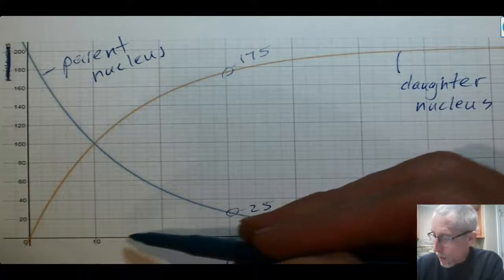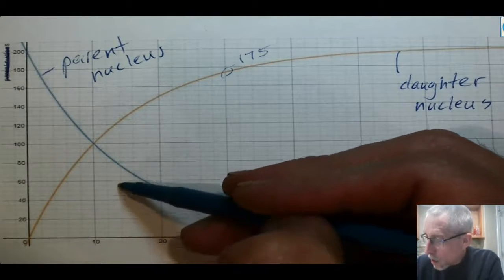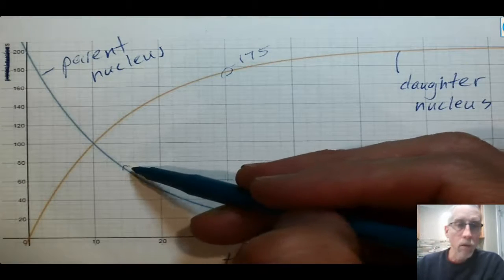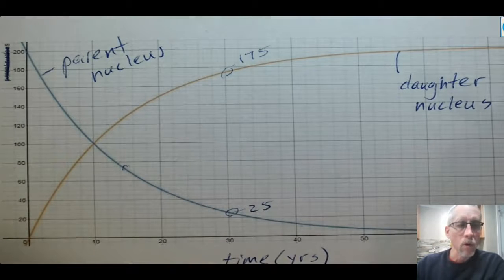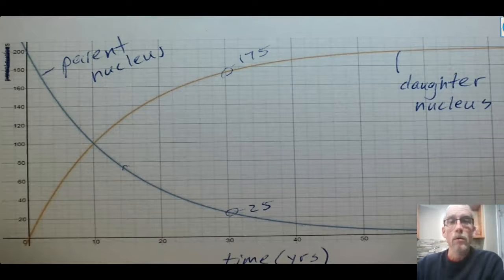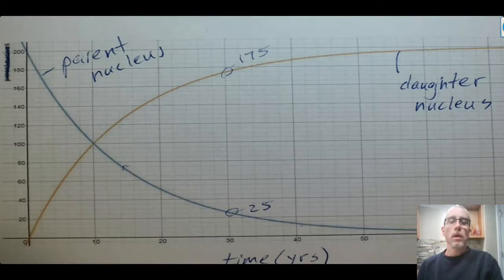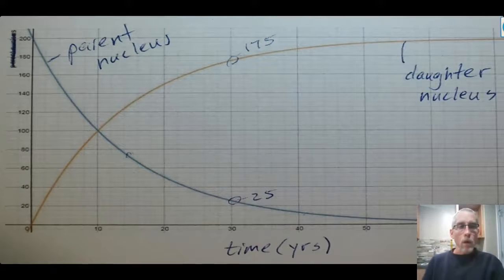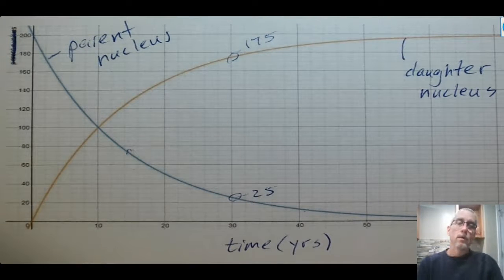You can just find 15 years here and go up, find that spot on the graph, and go over and read it. So it looks like we've got roughly 75 or so. Okay, so it gives you a little bit more ability to use the graph than you would if you had a bar graph.